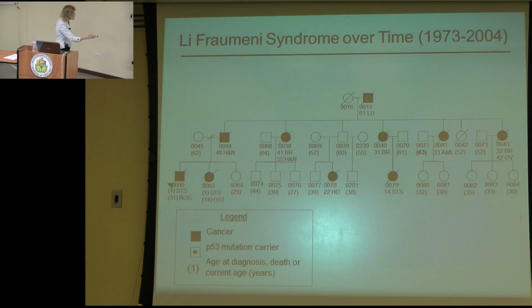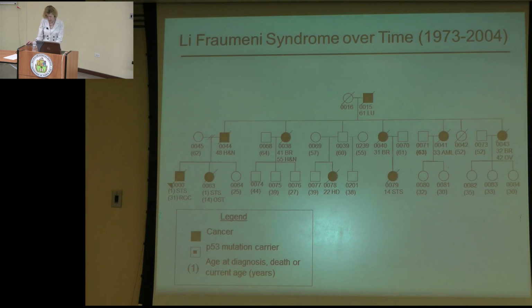All of these developed their cancers in their 30s and 40s. All of the mutation carriers in this generation developed their cancers as children. Now, this could be anecdotal. I will totally admit that. But it seemed like we were seeing the same thing in other families.